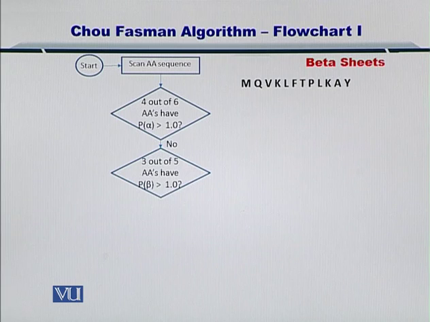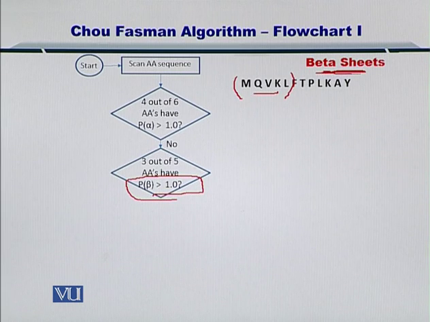But before you go for that, if that is not the case, but 3 out of 5 amino acids have a propensity for forming a beta sheet that is greater than 1, then you may actually want to evaluate them for beta sheets.